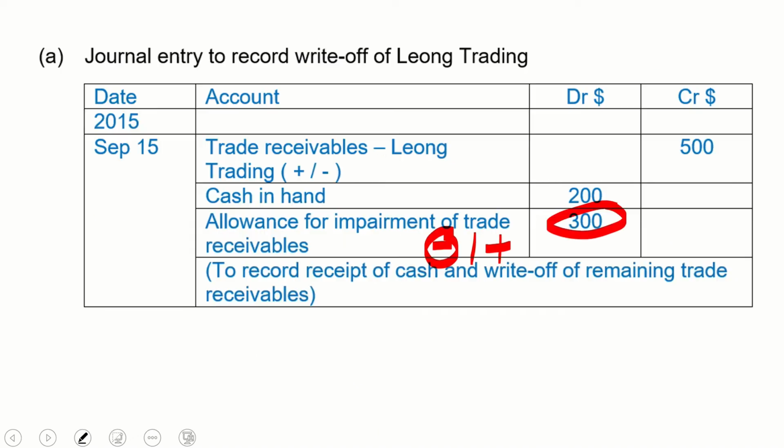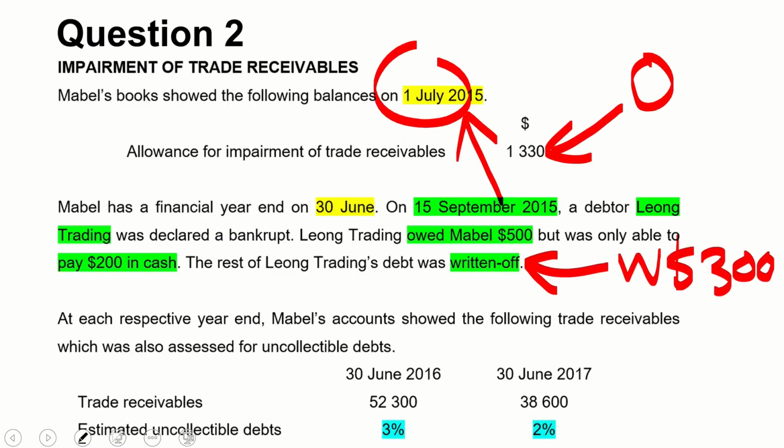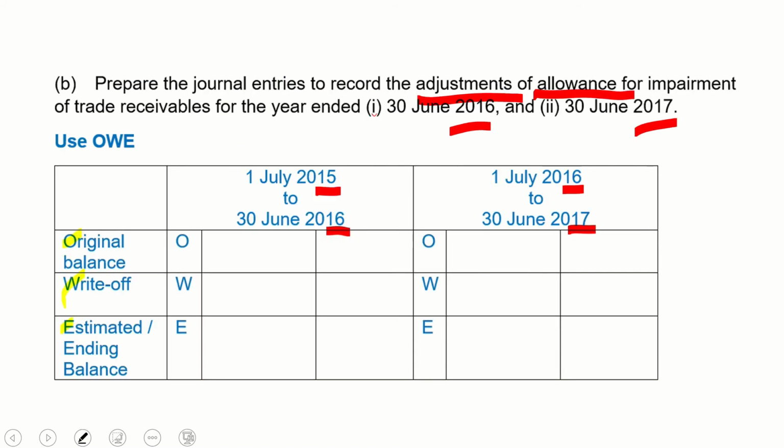And in the previous double entry, we recorded allowance for impairment minus 300, right? So what we are going to do now is to continue to have write-off of the allowance. So allowance minus 300. At this point in time, your allowance has 1030 left.